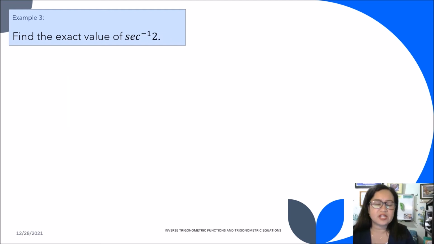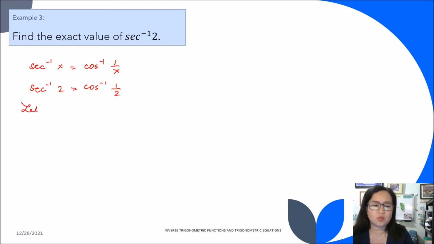Now let's solve the exact value of arcsecant of 2. Note that arcsecant of x is equal to the arc cosine of 1 over x. So if you have arcsecant of 2, that is equivalent to arc cosine of 1 over 2.